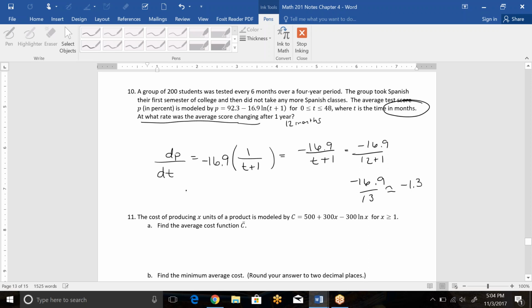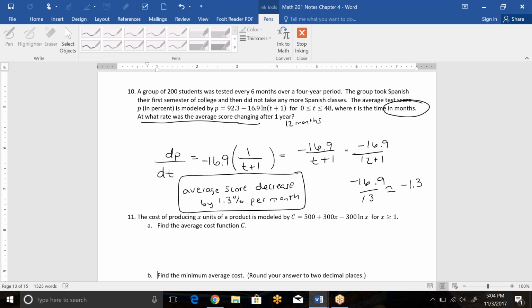So the average score would decrease by 1.3%. Since we have a negative, that's the decrease per month. So that's what they would lose in their retention for not doing Spanish during those months. Okay, and that is the end of all of the extra examples from Chapter 4.